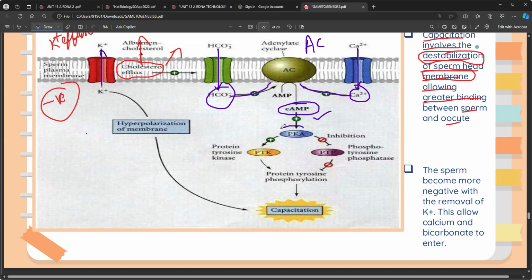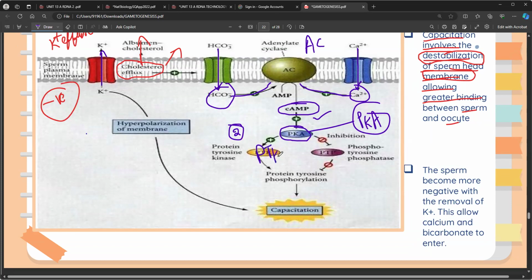I believe every one of you also remembers very clearly. What is the function of cyclic AMP? Cyclic AMP is the one which is going to activate protein kinase A. Now, friends, this protein kinase A is actually doing two functions. Such an important statement it is. I want every one of you to remember this important statement. Protein kinase A is actually doing two functions. The first function, you tell me what is the function of a kinase. We all know very well the function of a kinase is phosphorylation. So it is phosphorylating two proteins.